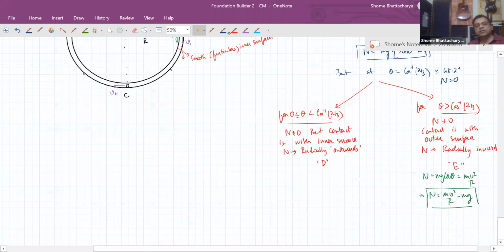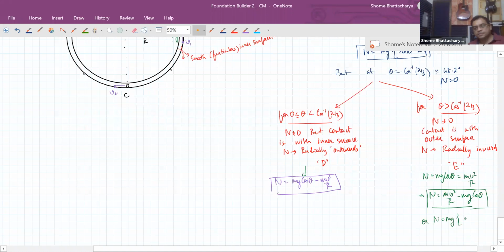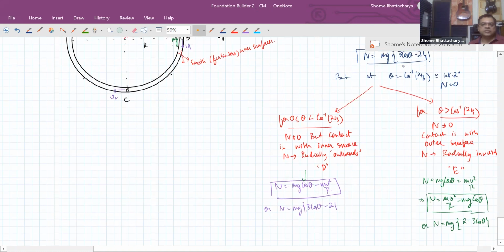Whereas for such a point, N was equal to mg cos theta minus mv square by r. Okay, so this is the analysis.